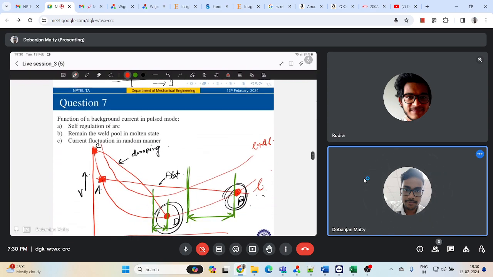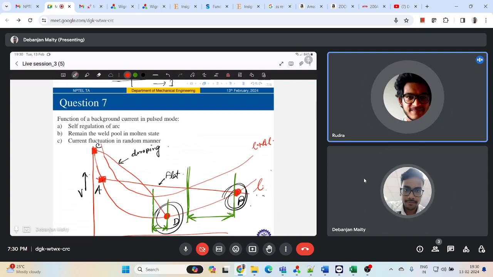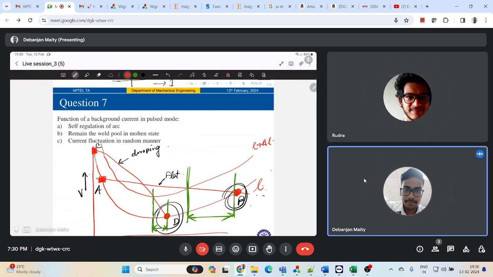Okay. Now, what is the function of a background current in pulsed mode? So we talked about this pulse mode operation, DC pulse mode operation. Keep the arc on, but self-regulation. Remain the weld pool in molten state. So B is correct.